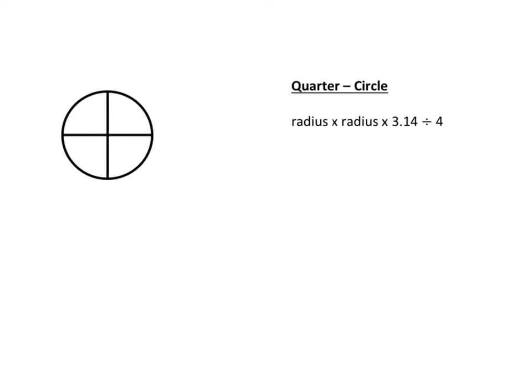Now we're going to talk about the area of a quarter circle. So I'm going to shade in what a quarter circle is. Quarter means 1/4, so a fourth of the circle. If I were to draw it by itself, it would look something like this. And it can be any of the fourths.